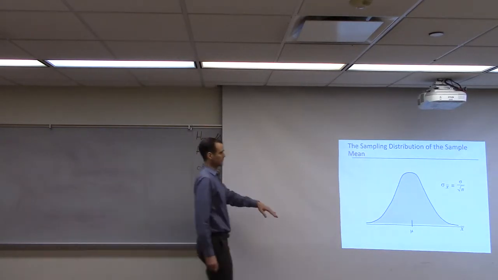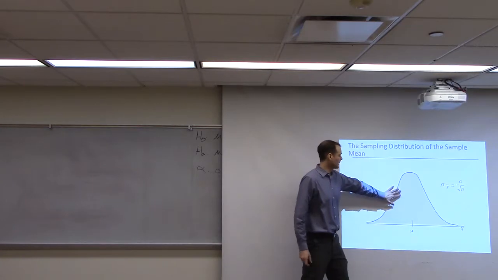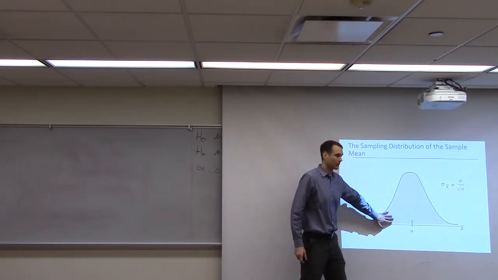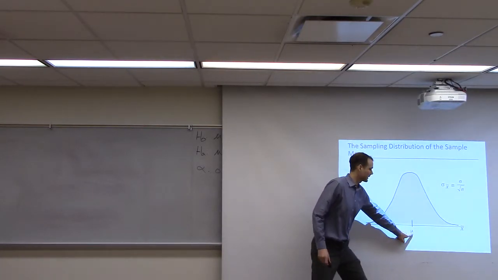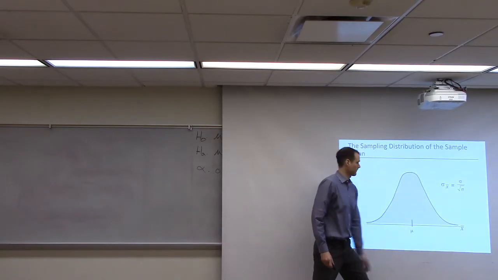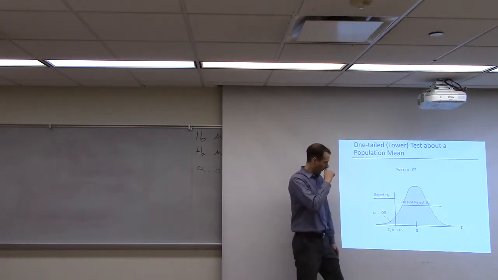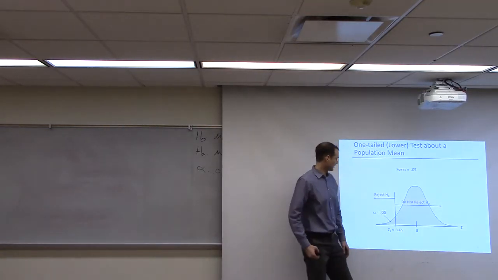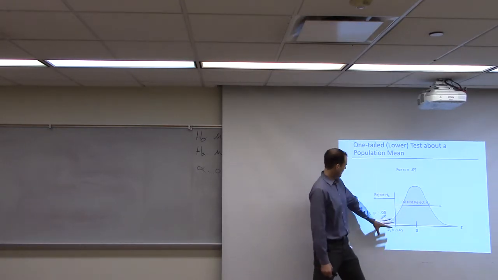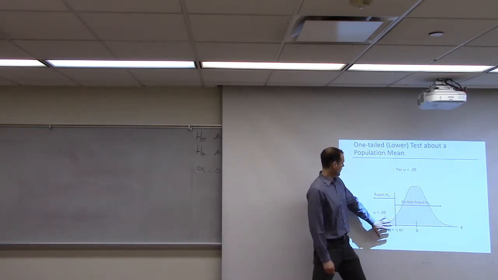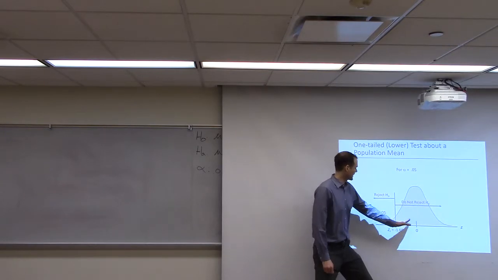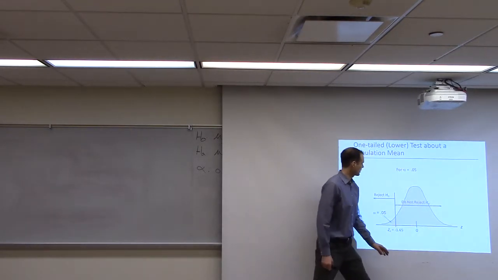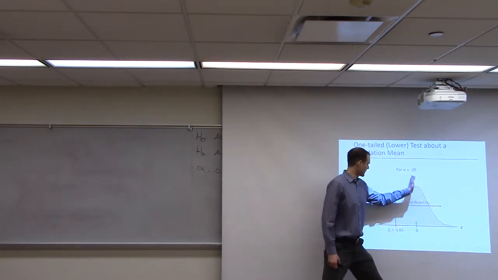Okay, so sampling distribution of the sample mean, this is the tool to tell us how likely any sample outcome would be given that the null hypothesis is true. One-tailed test, for example, we would say you are supposing that the mean is higher than some certain amount, all right, this amount, higher than 0.